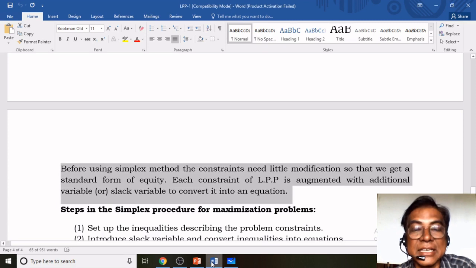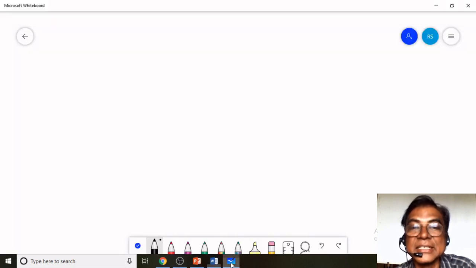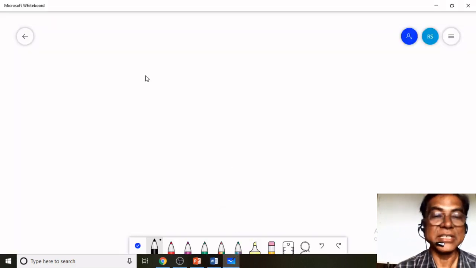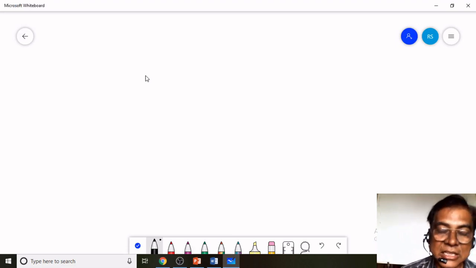Now I will explain the simple logical point. Just go through my notes and my logical point. It is a very easy method. Now come to this point. Suppose there are 3 methods.